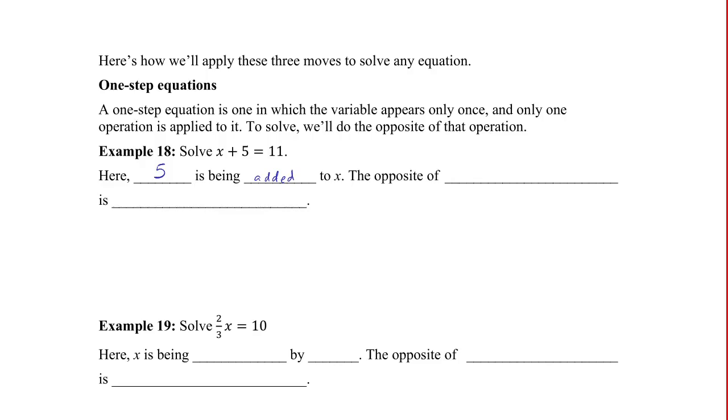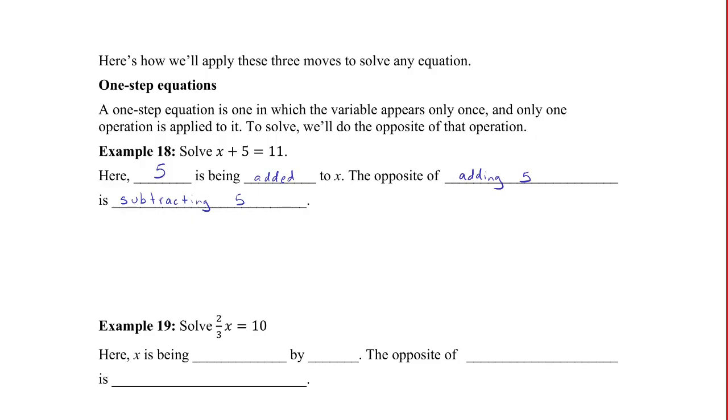So in order to solve the equation, we want to do something to both sides. And what we want to do to both sides is whatever is the opposite of what's happening to the variable. So the opposite of adding 5 is subtracting 5. We want to subtract 5 on both sides of the equation.